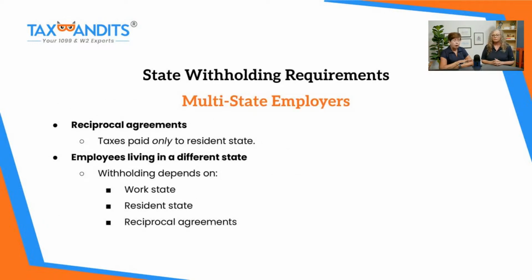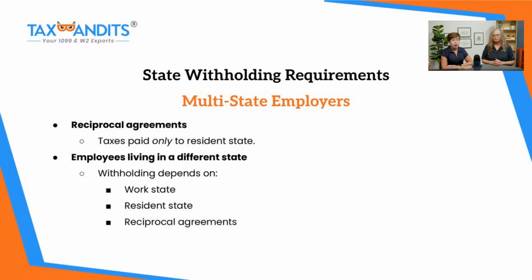And there are some certain situations that fall into calculating the tax. There are states that have reciprocal agreements. So if you're a multi-state employer, or you have employees that live in one state but they're commuting to your state for work, if your state and the state that the employee lives in have a reciprocal agreement, then taxes are only paid to the resident state.